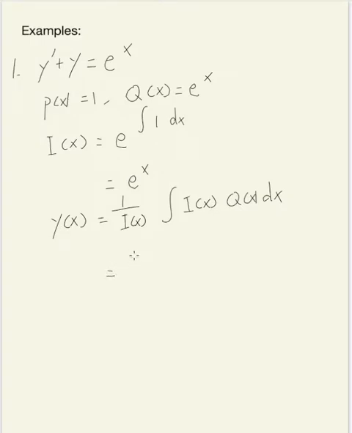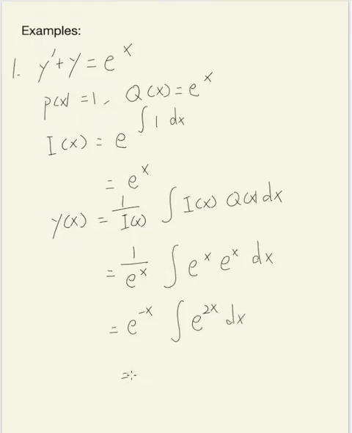So it's 1 over e to the x, then times e to the x. What is q of x? Q of x is again e to the x dx. Okay, 1 over e to the x is e to the minus x, and e to the x times e to the x is e to the 2x.